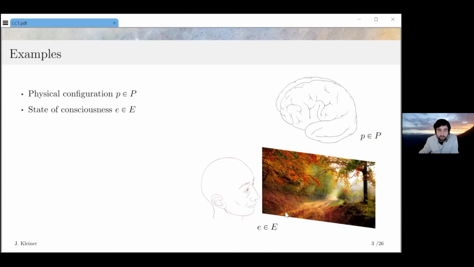Imagine you're walking down this beautiful autumn road, and you have all sorts of impressions and feelings and maybe a model of yourself. We'll just call every combination of those a state of consciousness. In simpler cases, we could focus just on color or just on auditory signals. Different conscious experiences would be different states of consciousness.